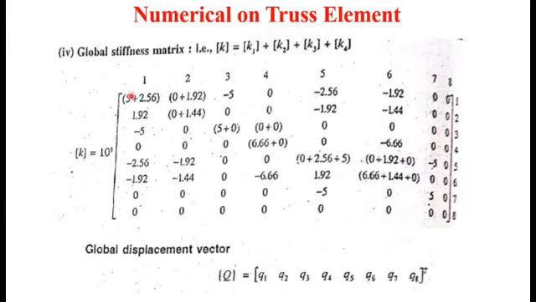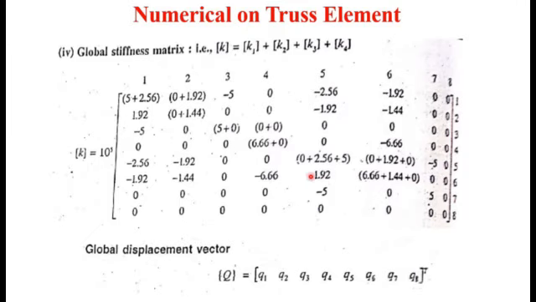By adding all these elemental values, we can calculate k, which is 10 raised to 5 into this matrix. Again, while preparing this global stiffness matrix, we should take care that these indices 1 2 3 4 5 6 7 and 8 are matched in both directions.